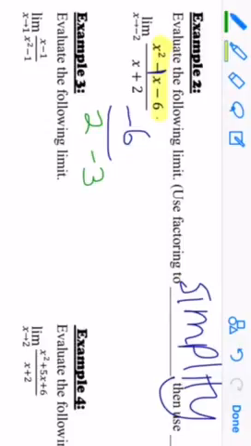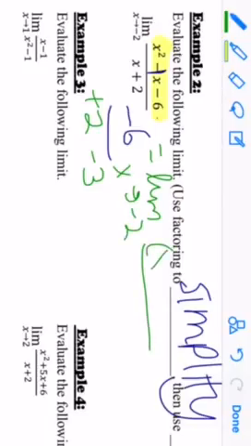And then when we factor with binomials, you want to have your signs, obviously, so this would factor as x plus 2, x minus 3. Okay? So that's equivalent to the top.